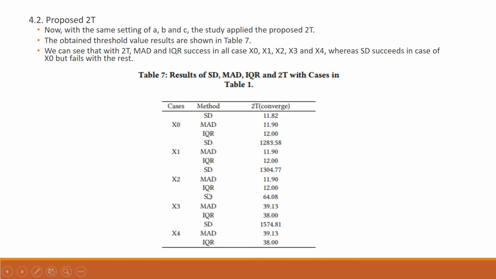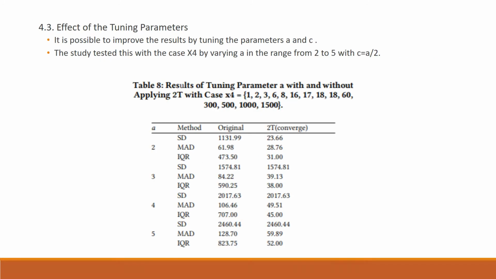The SD method has failed to detect the outliers even with 2T, except for X0 when we have no outlier. So the gist is that SD failed to detect outliers for X1, X2, X3 and X4 even with the new threshold calculated using 2T, while the other methods detected all the outliers.